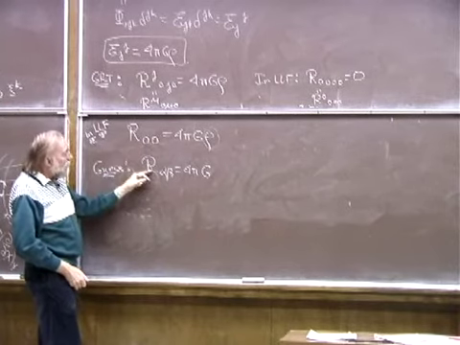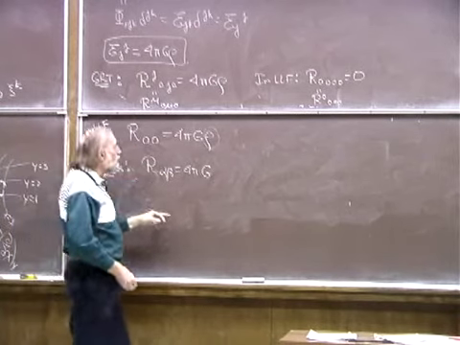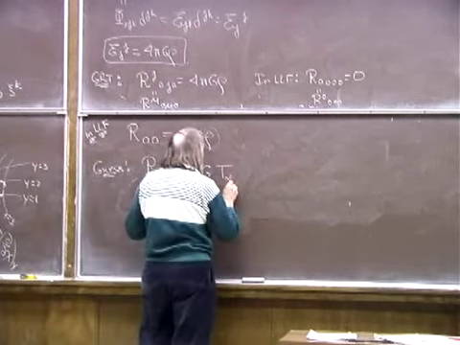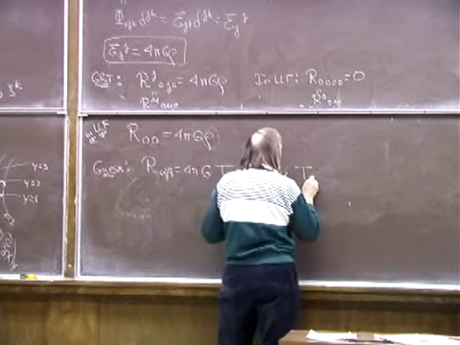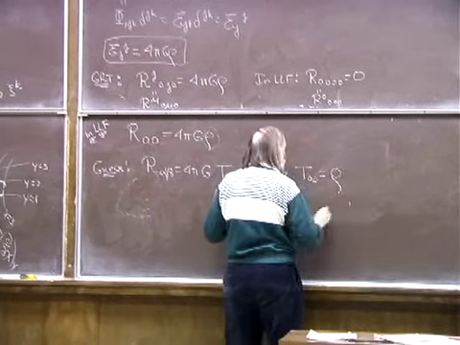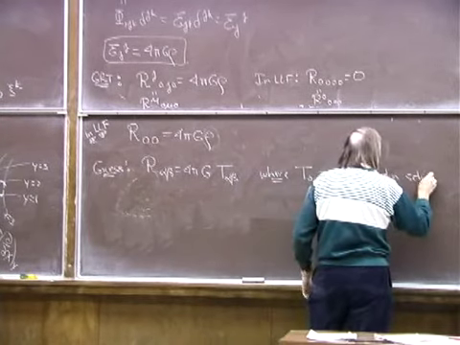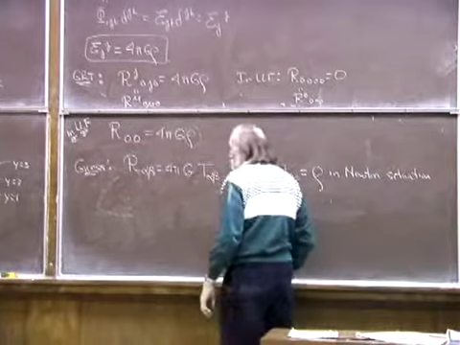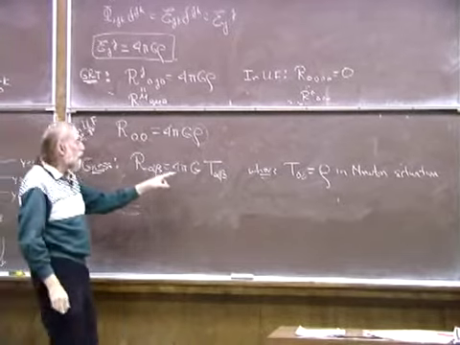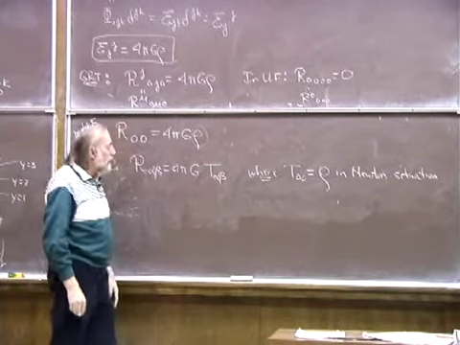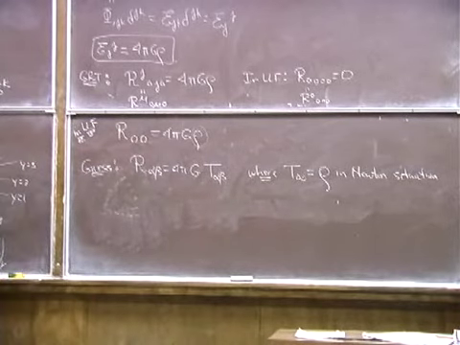I want the full Ricci tensor R_{alpha beta} to be equal to 4 pi G times something that has the property that T_{00} is equal to the mass density in a Newtonian situation. So the guess is that the Ricci tensor is 4 pi G times some analog of mass density whose time component is equal to mass density in a Newtonian situation.